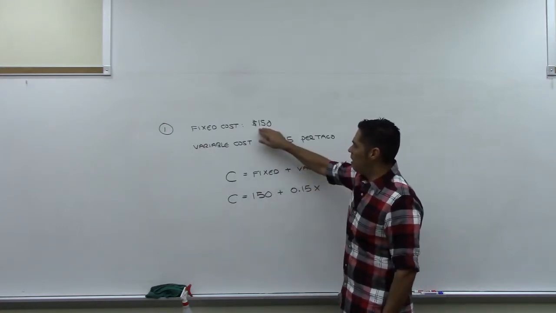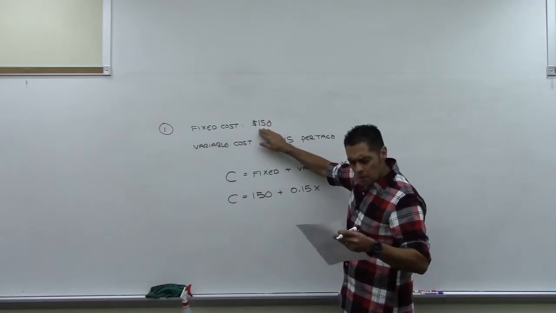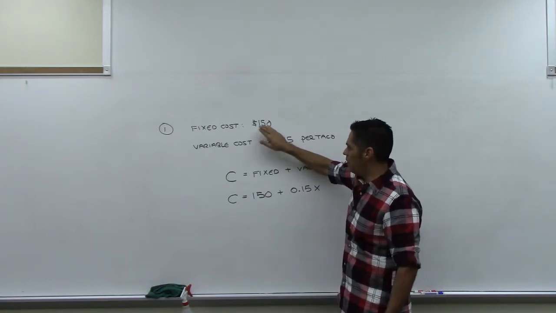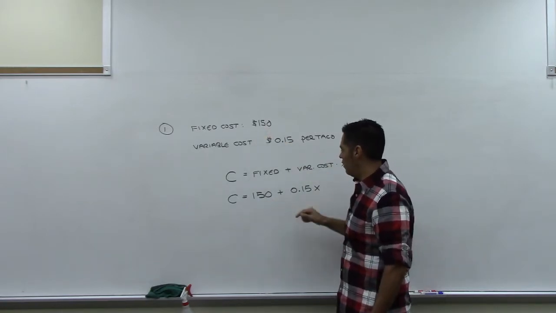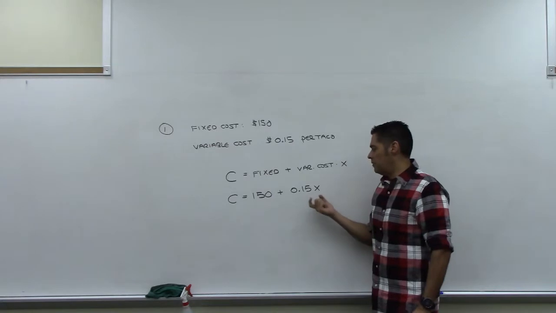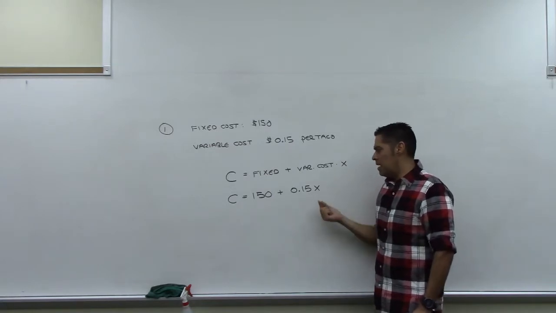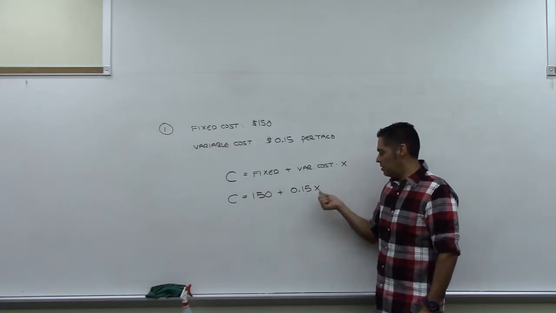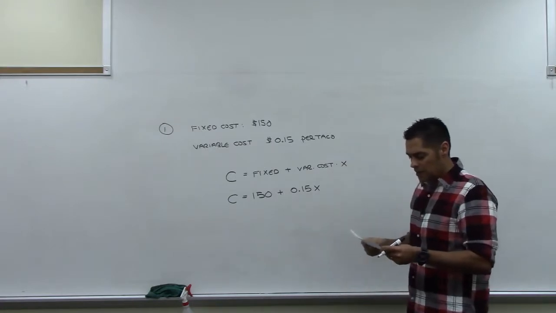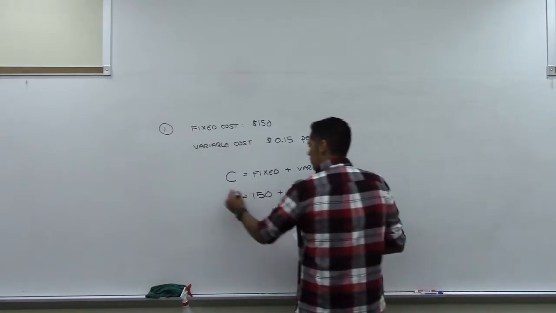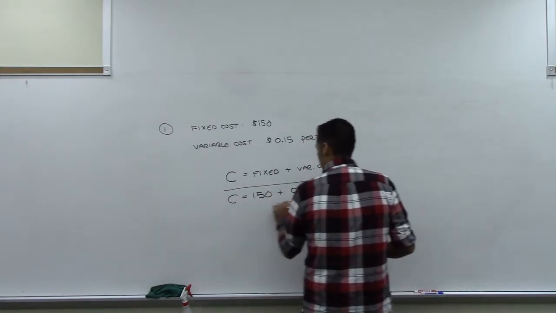It's going to be $150 per day to run the, let's say it's a taco truck, what are those trucks that drive around? $150 no matter what. But then it costs them 15 cents to actually make each taco. So it's 15 cents times X. That's going to be our equation that we're going to be using for this problem.